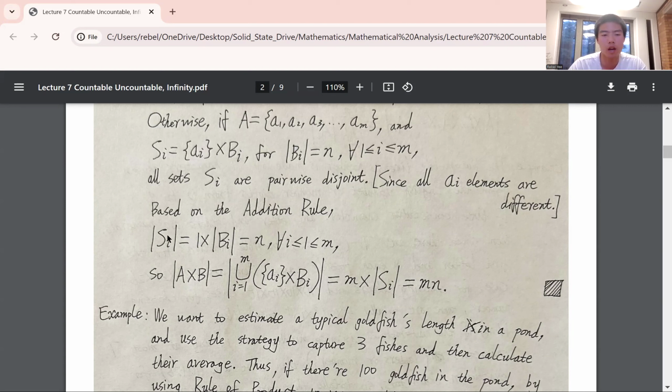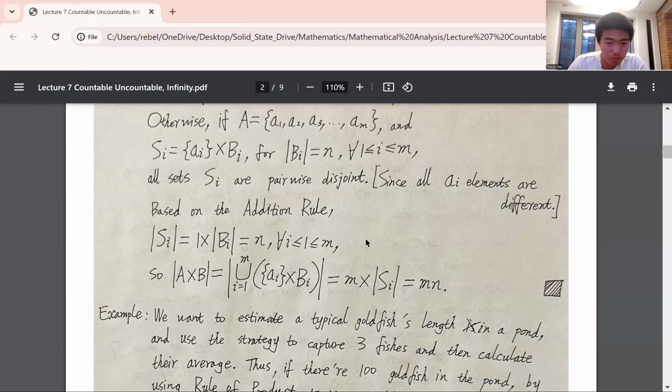And then because all of the Si are pairwise disjoint, we can form this equation as our result: A Cartesian product with B is equal to this union, and the size of the union is just the sum of all of the |Si|. And there are m terms in the sum, so it is m times |Si|, and each Si has size n, so it's mn. So we have proved the result.